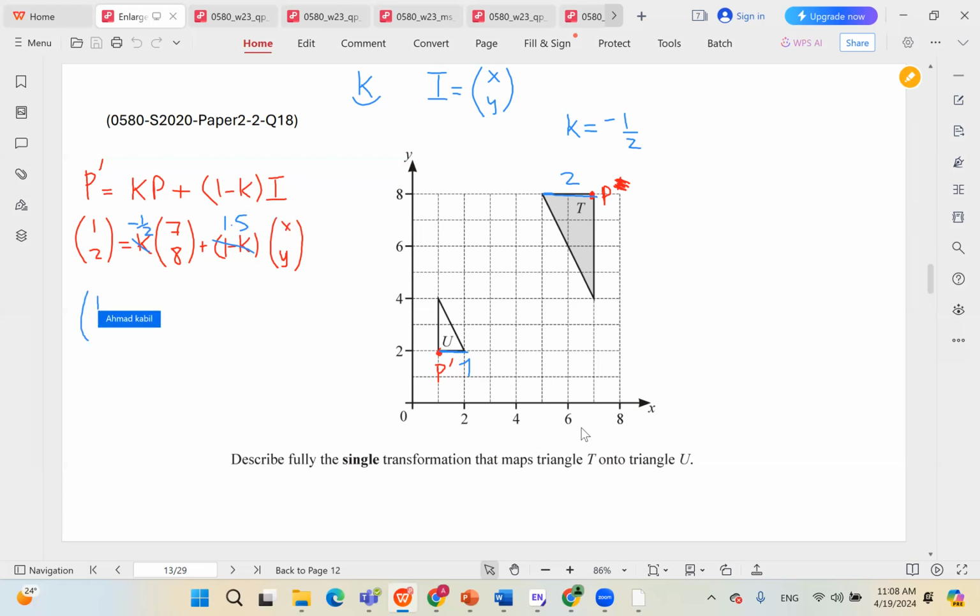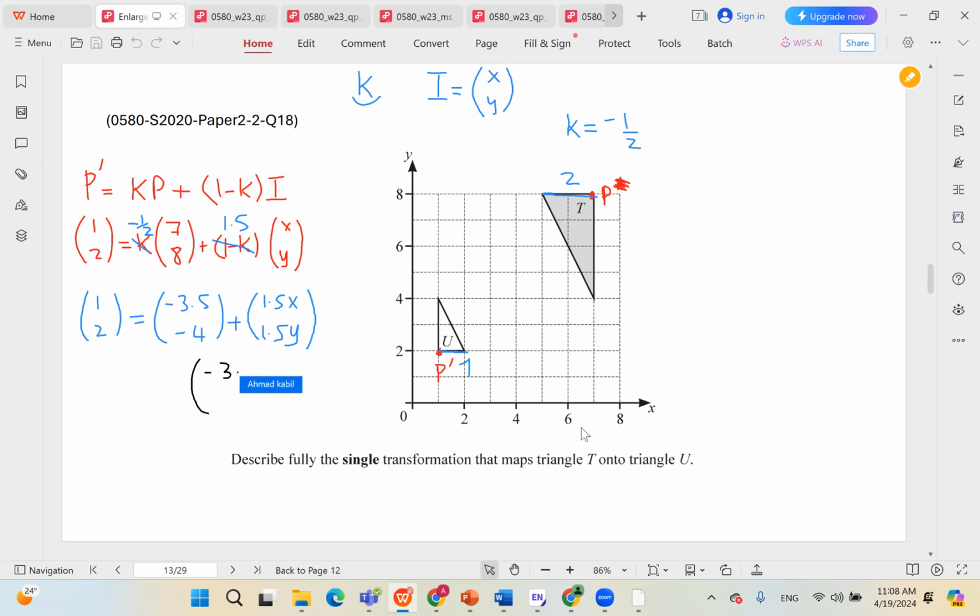So 1, 2 equals negative 3.5 and negative 4 plus 1.5x, 1.5y. To get x and y, you can just combine the two vectors on the right into a single vector.